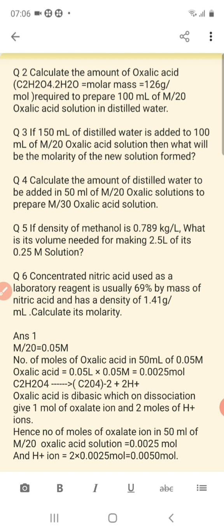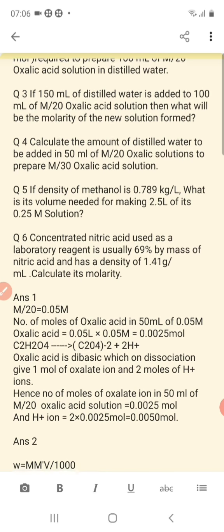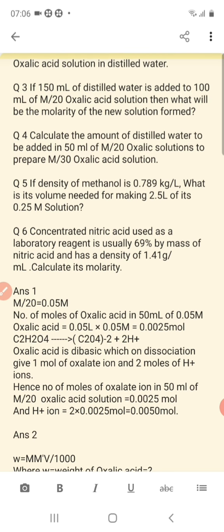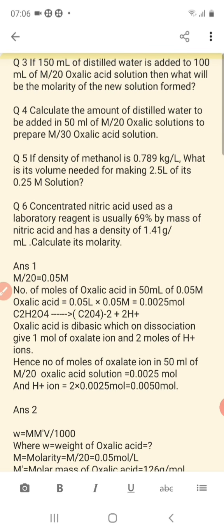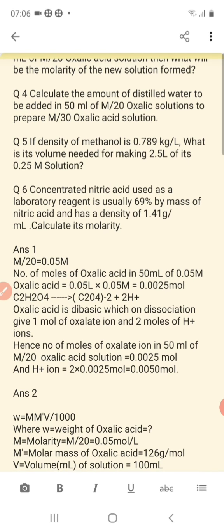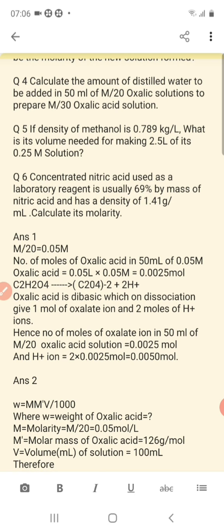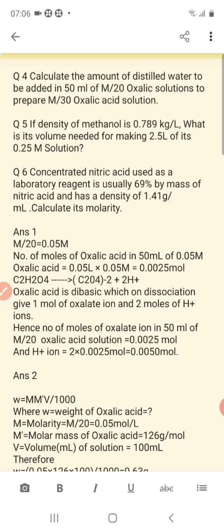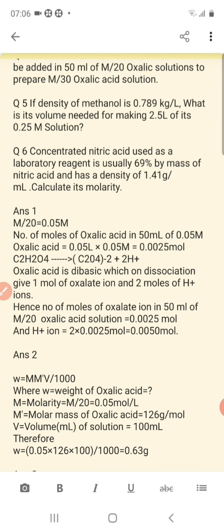Question number 5: if the density of methanol is 0.789 kg per liter, be aware of the unit, it is given in kg per liter. Now what is the volume needed for making 2.5 liter of its 0.25 molar solution?